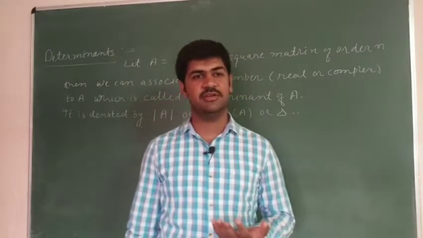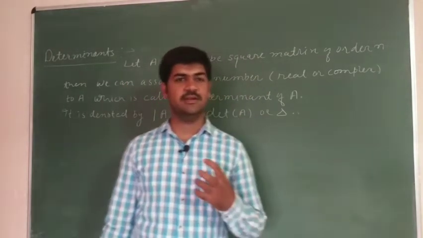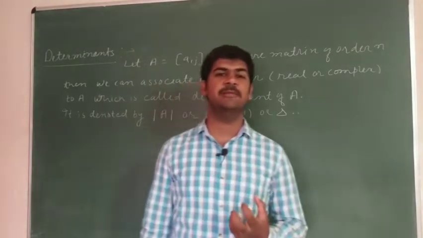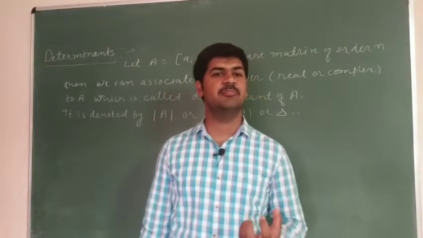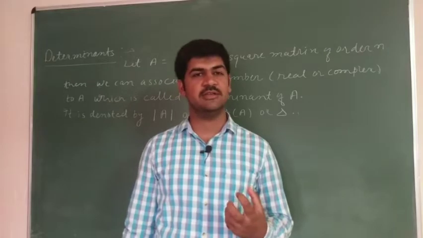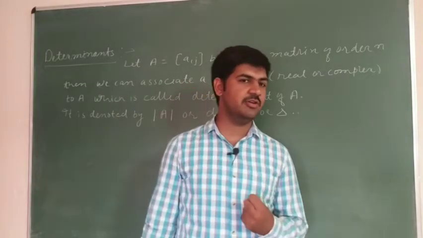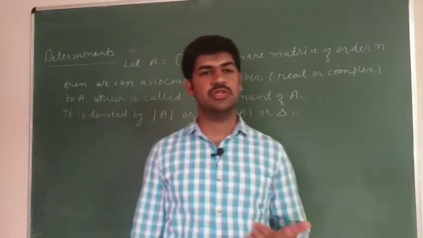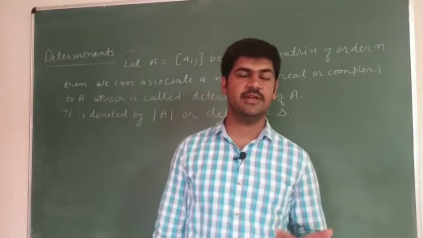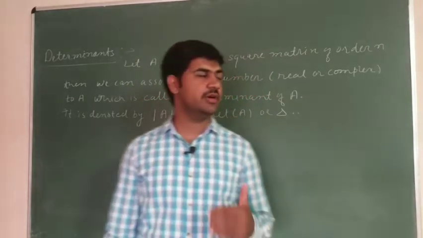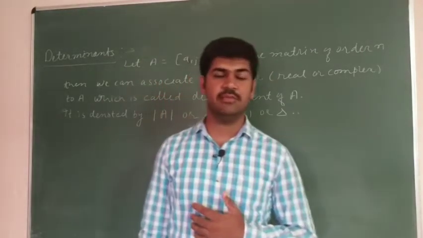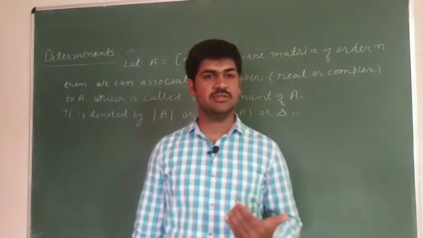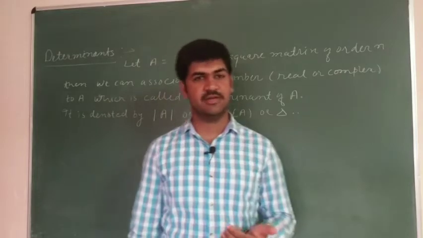There is a certain method of associating or fixing that number to a square matrix. Here we will also learn how to fix that number to a square matrix, which is called the determinant of the matrix.